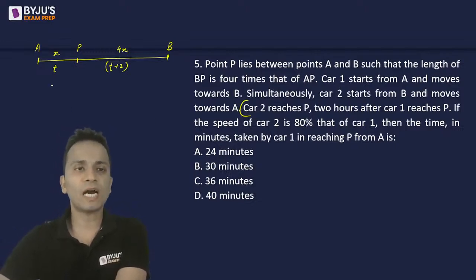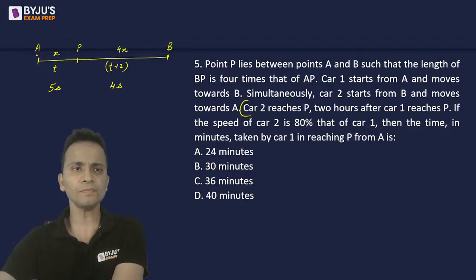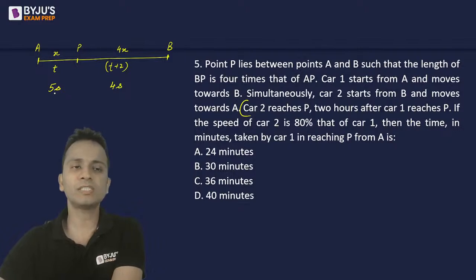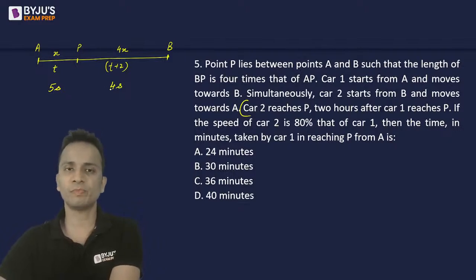And the speed of car 2 is 80% that of car 1. So if the speed of car 1 is 5s, the speed of car 2 is 80% of this, that means 4 by 5 of 5s, that is 4s. So the distances I have assumed are x and 4x respectively, time T and T plus 2 respectively, and the speeds 5s and 4s respectively.